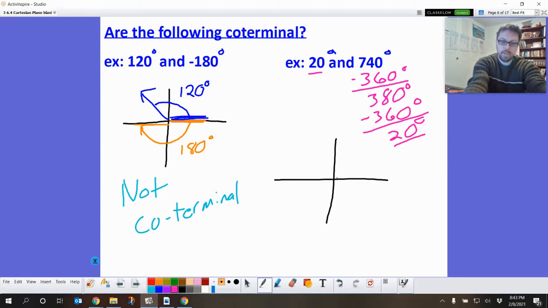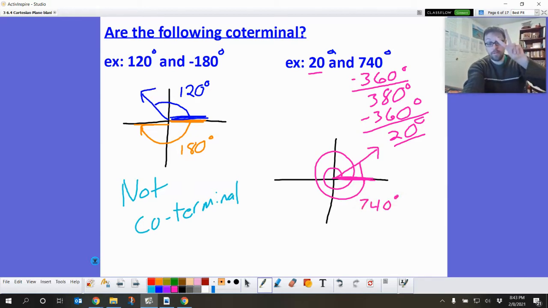do it in pink. Here's our 740. We go around once, and then go around again because I did two spins that I had to take off. And then I went a little bit into quadrant 1. So this pink one is 740 degrees because I go around the whole coordinate plane twice and then a little bit more. But you look at that and you say, oh, why'd you do all those spins?